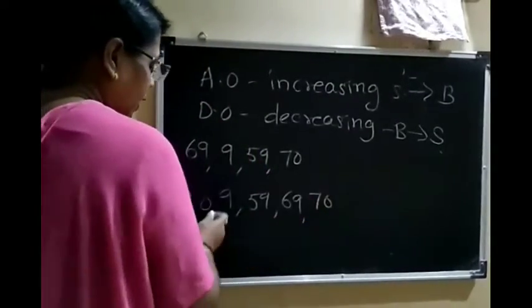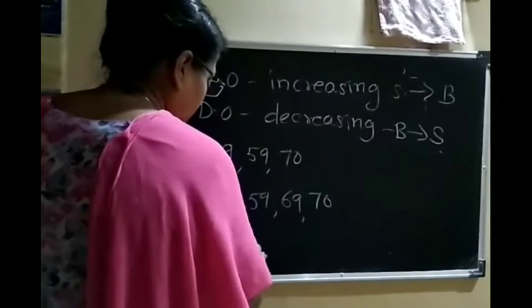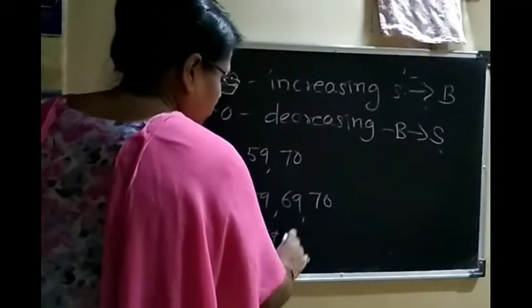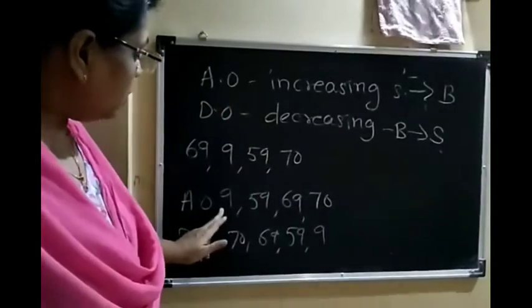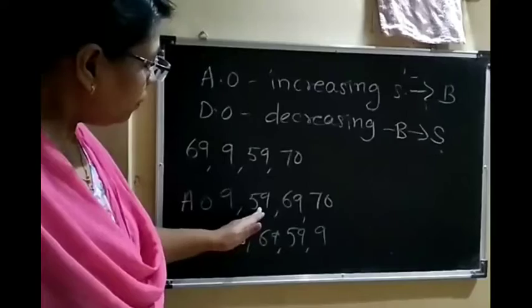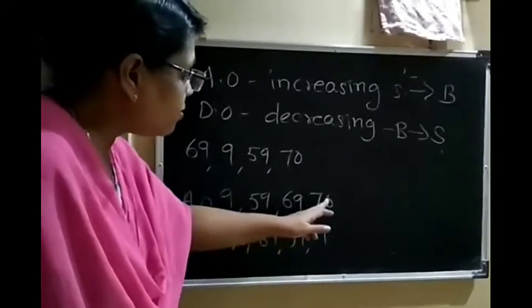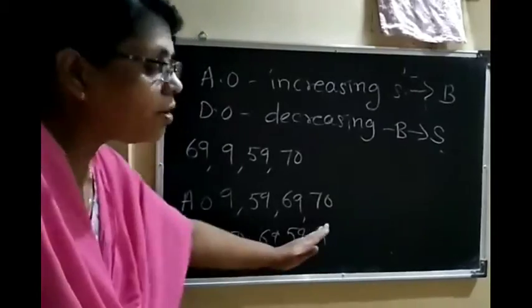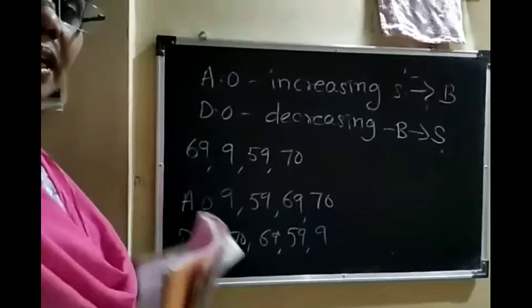Descending order, decreasing order, bigger to smaller, reverse order: 70, 69, 59, 9. Here the same figures in reverse order: 70, 69, 59, 9. Ascending and descending.